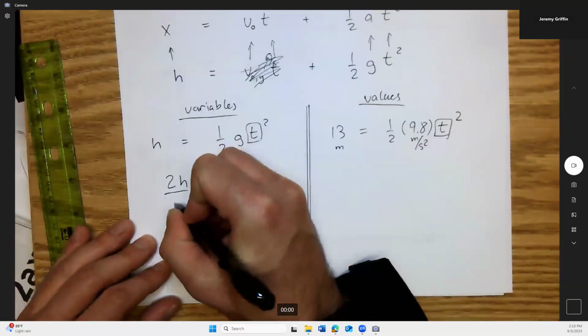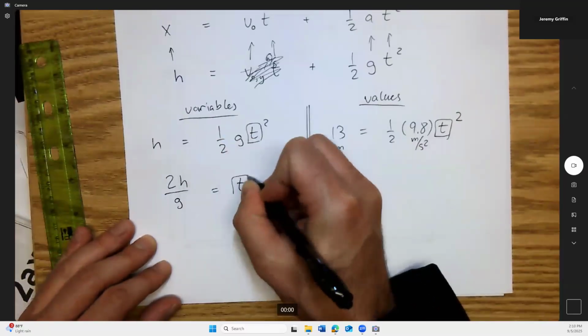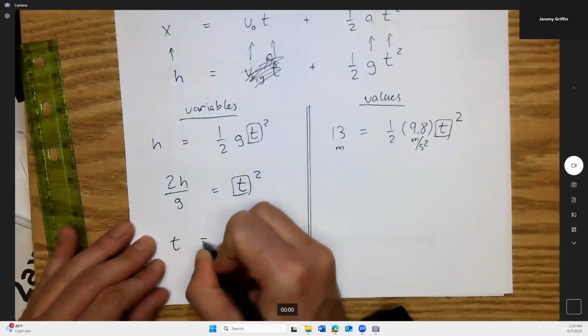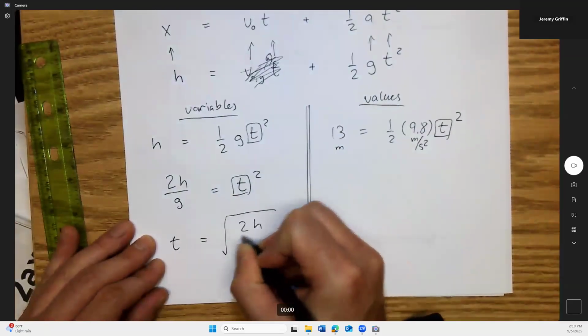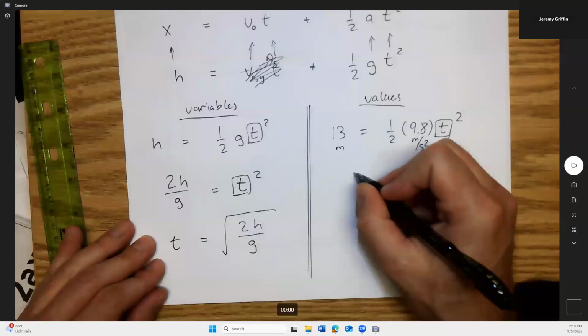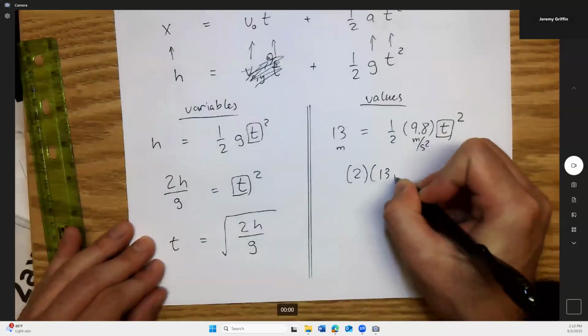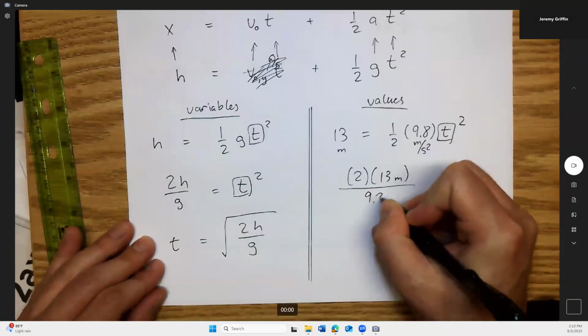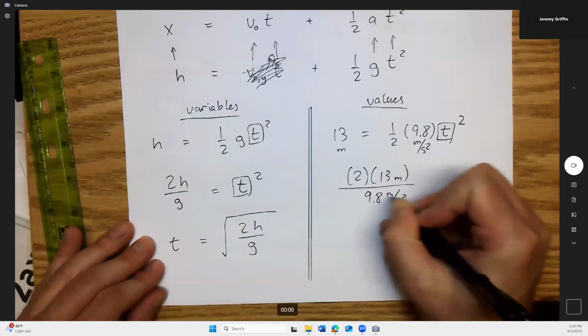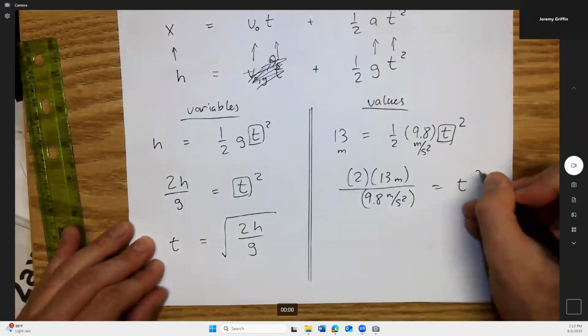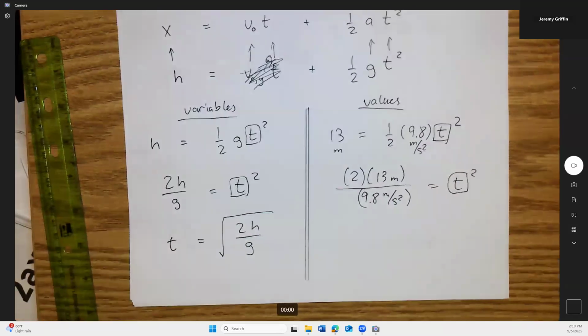So 2h over g is t squared. So t is the square root of 2h over g. We're over here with 13 meters.